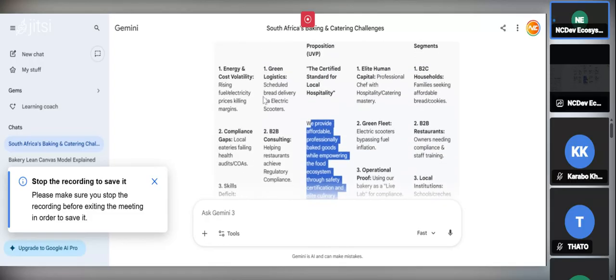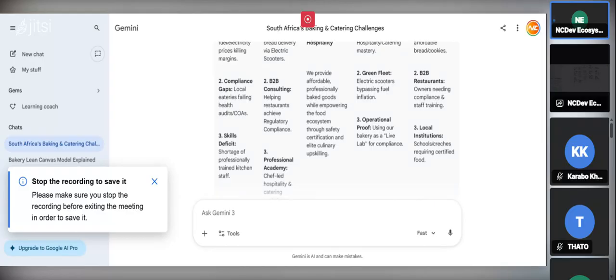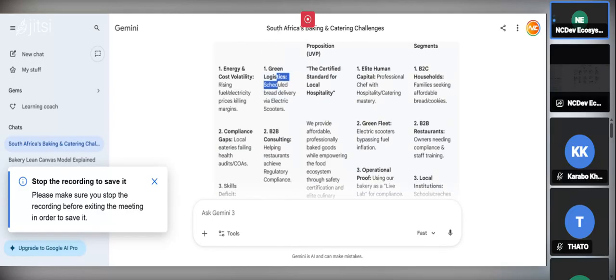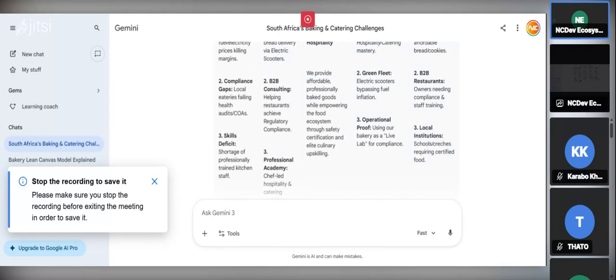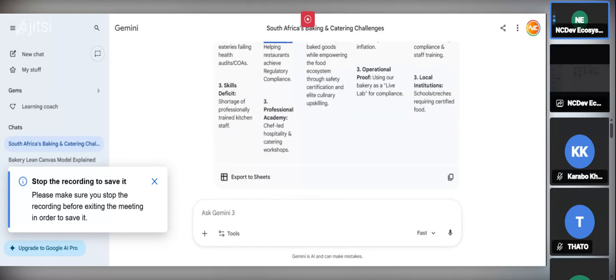And then the solution we're bringing is green logistics, in terms of the energy and costs, to bring down our costs in terms of also delivering bread and keeping our customers happy. Then also helping the restaurants achieve regulatory compliance. So we're offering consulting services, and then we are offering a professional academy.